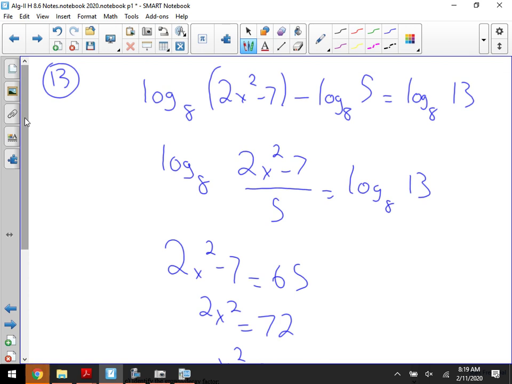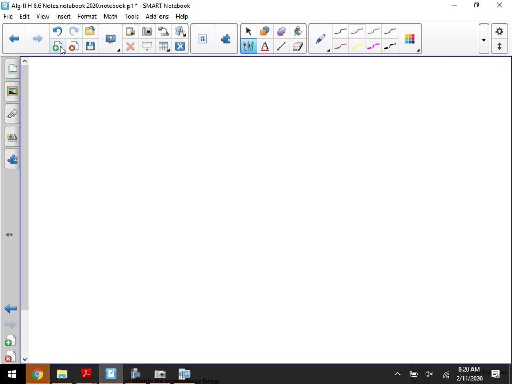Where'd you get? Same thing? Sure. So 14, same principle. Log base 5 of 10 minus log base 5 of 4x plus 9 is 2. You have to condense the left-hand side.